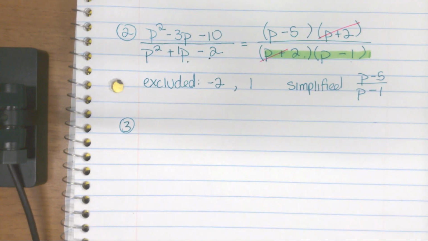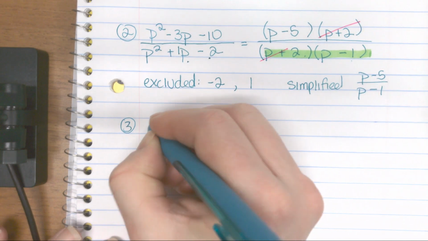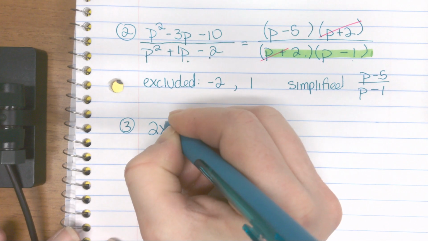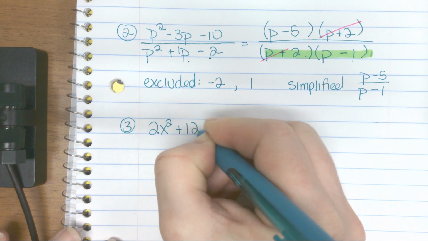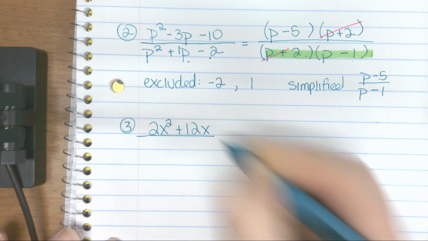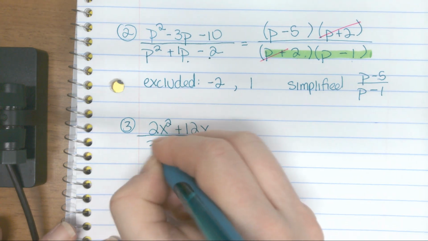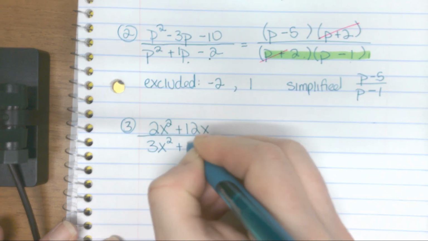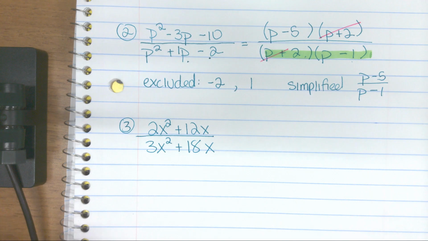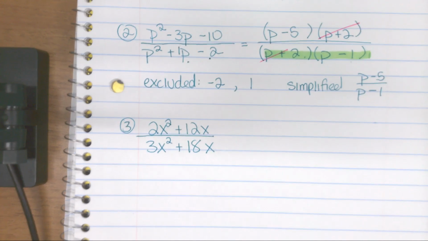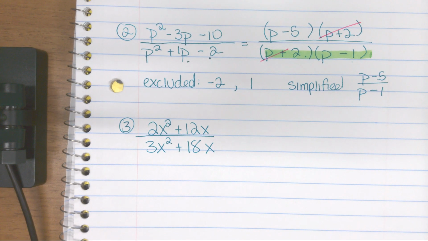So let's do 2x to the second plus 12x over 3x squared plus 18x. This is a different kind of factoring, so I wanted to do one like this with you as well, just to review this kind.